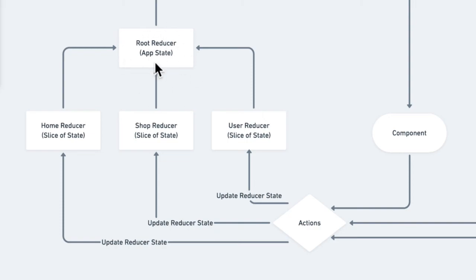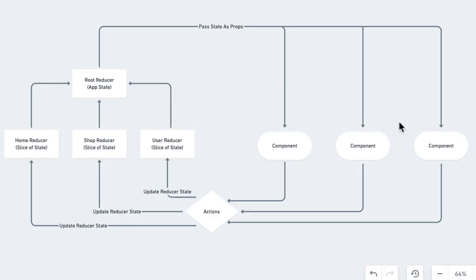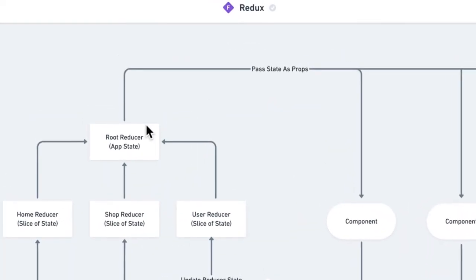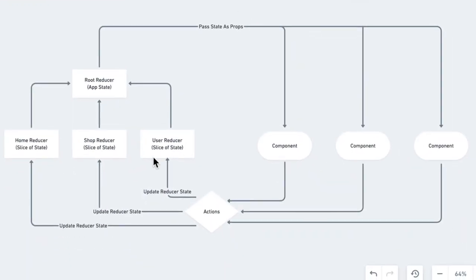And then from the root reducer, when the components need those pieces of state in order to populate and display their views, we would pass that state into those components as properties, as the props that they need to display in order for our components to function the exact way that we've been writing them. And this way, all of our state and all of that information is stored in one object, one place.